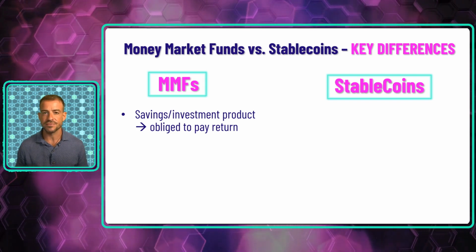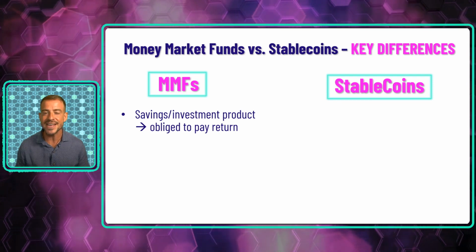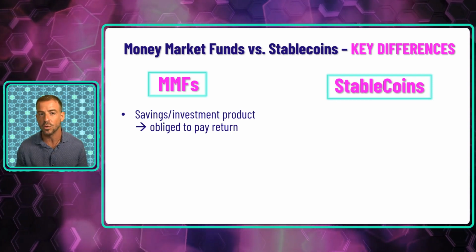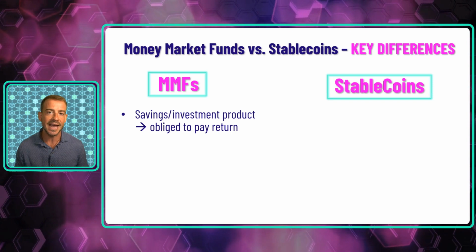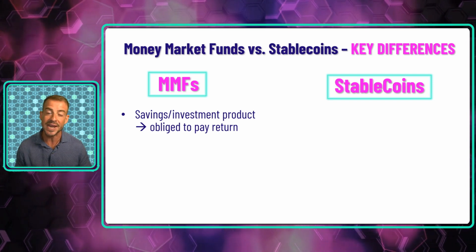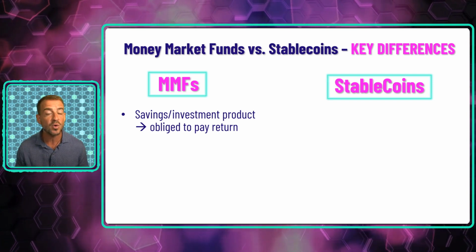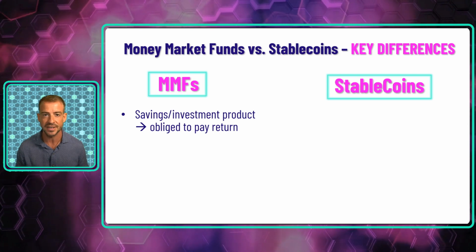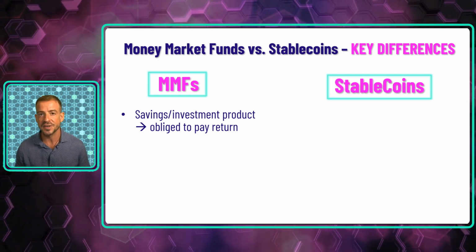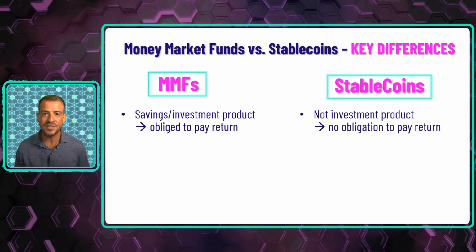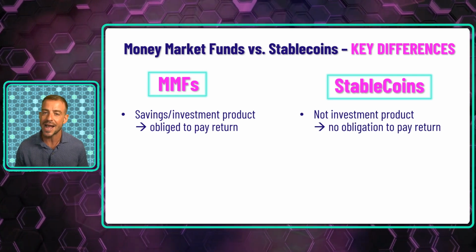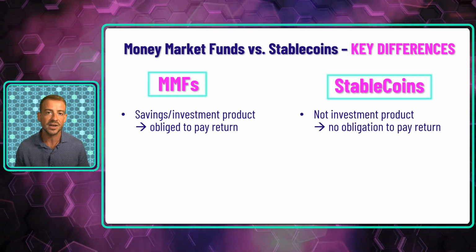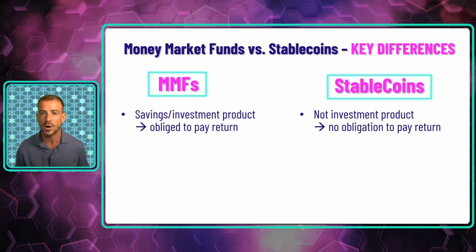Stablecoins are very different. In a sense, they were designed to be the very antithesis of an investment or risk product. They were created to be assets that would hold stable value in a blockchain universe that was otherwise awash with crazy amounts of risk. That service of stability alone was valuable enough so that stablecoins never had to pay holders a rate of return as part of their value proposition.